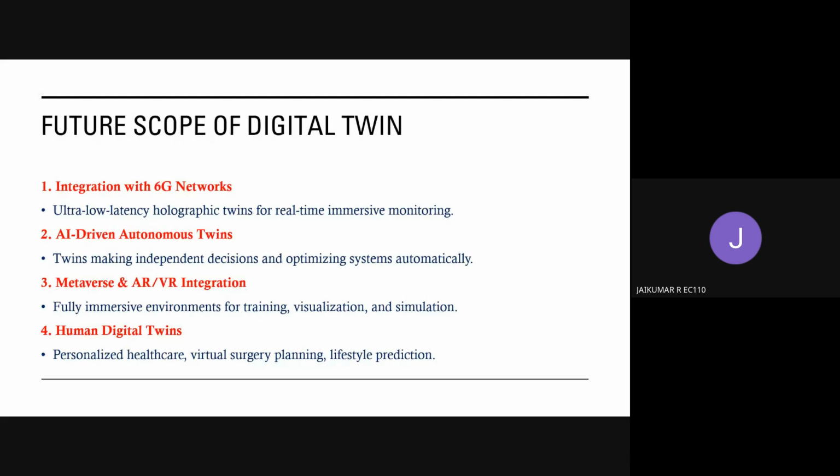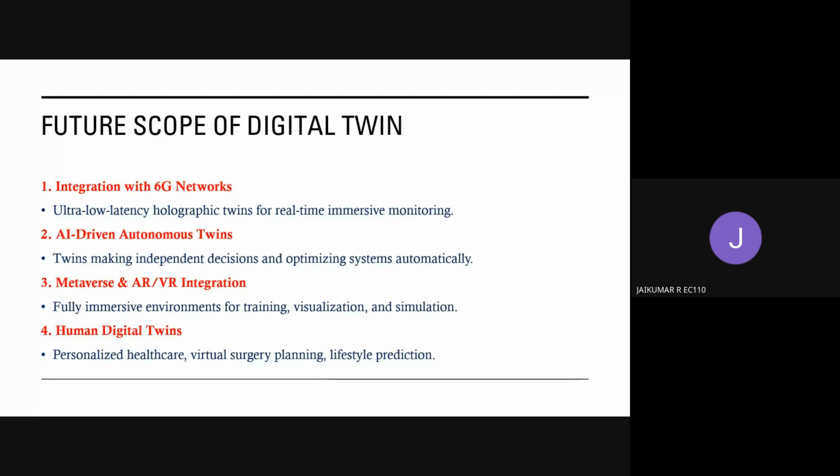If we are using digital twin with that much network speed, and a low latency in 6G, that will lead us to some kind of holographic twins.